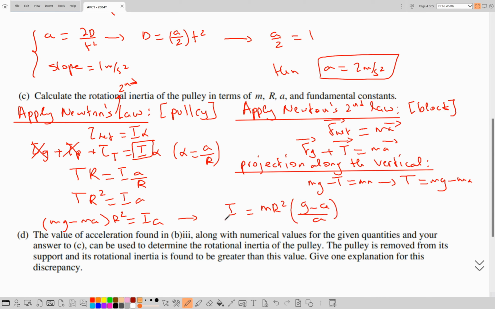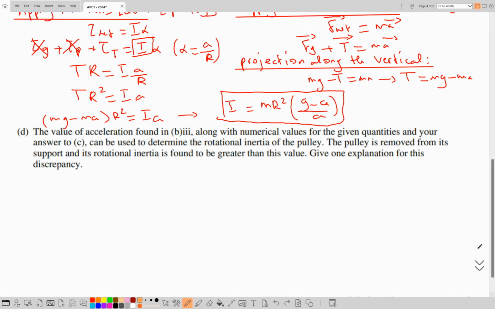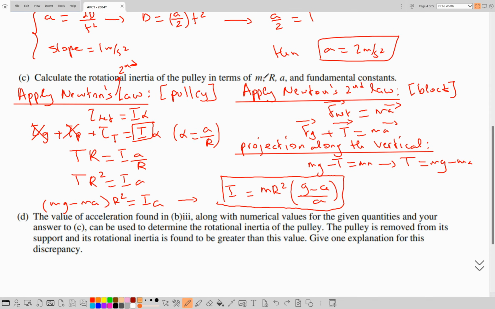This is a very important result. So indeed we have expressed our answer in terms of m, r and a, and fundamental constants, which is g.